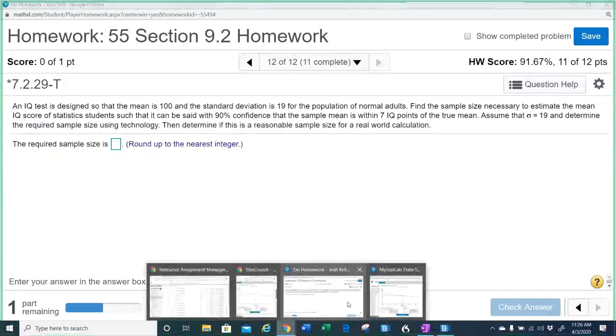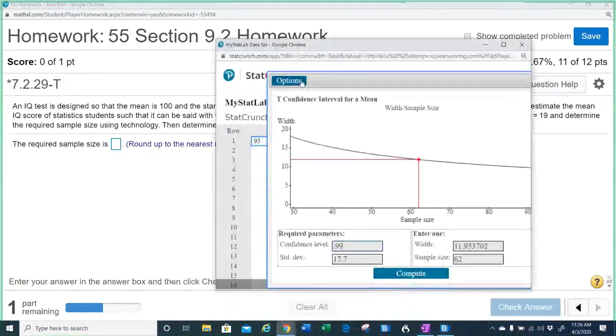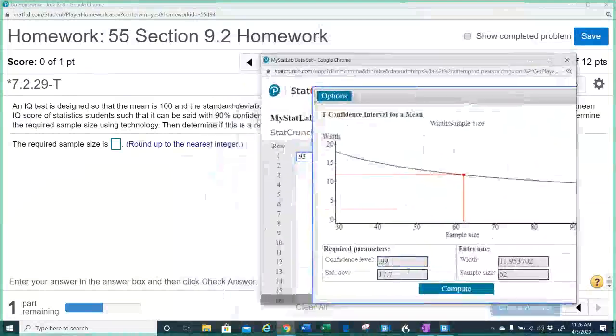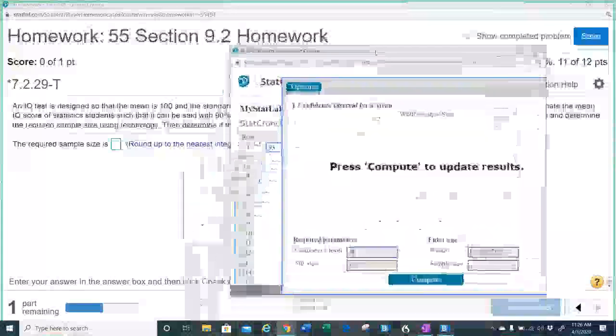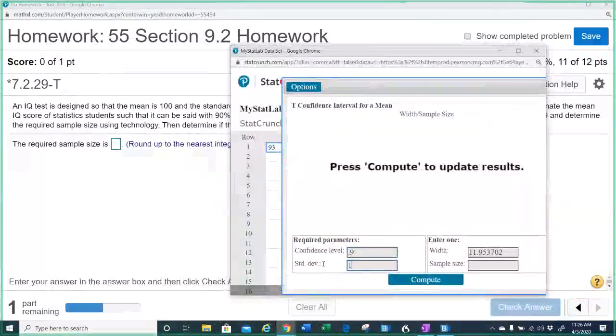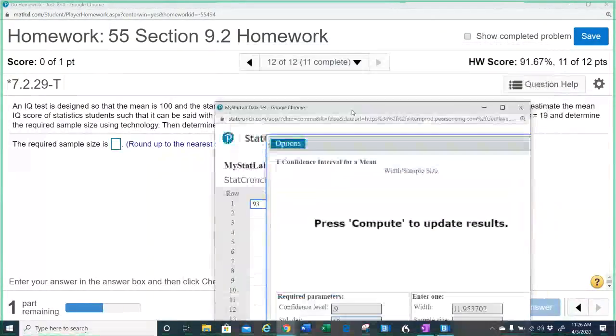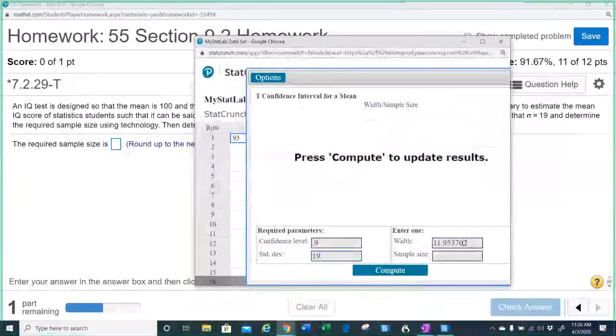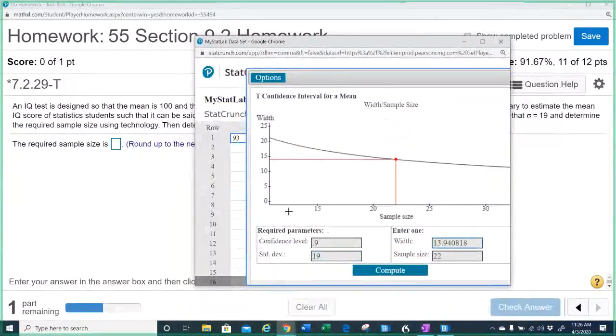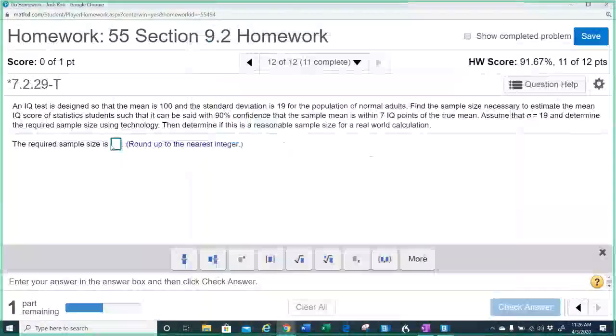So sample size question again. We're doing 90% confident. Standard deviation is 19. And we wanted within 7 IQ points, so double that to 14, margin of error. And we get 22 students.